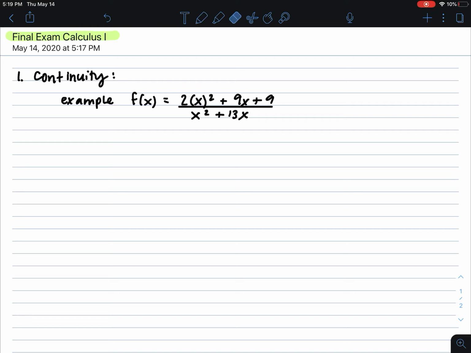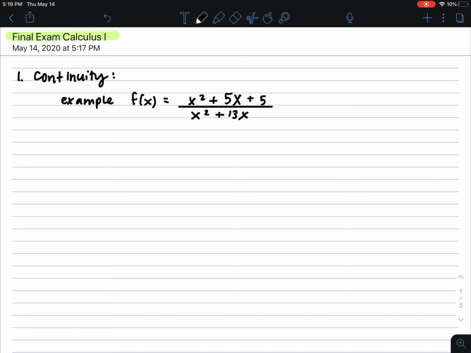Actually, I want to change some of these numbers to make my life not so awful. Let's just do x squared plus 5x plus 5. Okay.